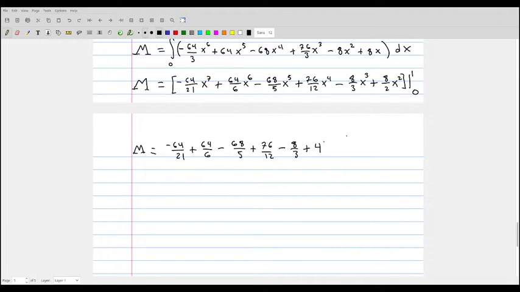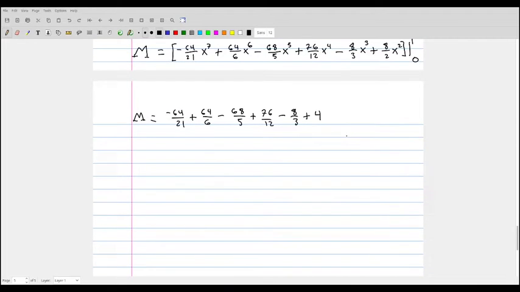And when you plug in 0 to each of those x values, you get 0. So this number simplifies down, when we bring everything to a common denominator, to the fraction 59 over 35.